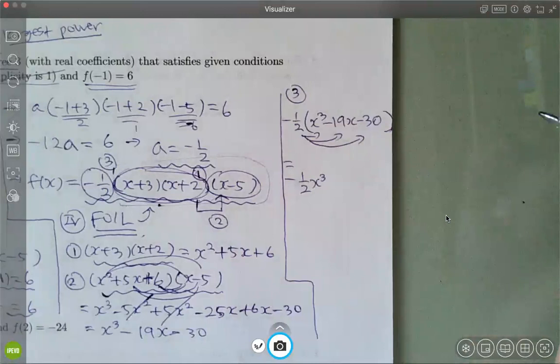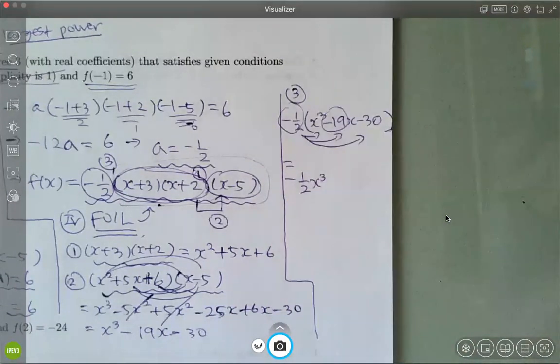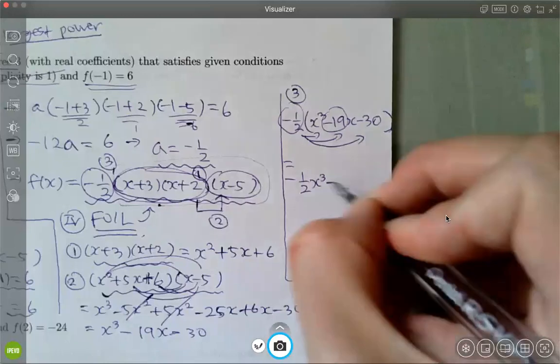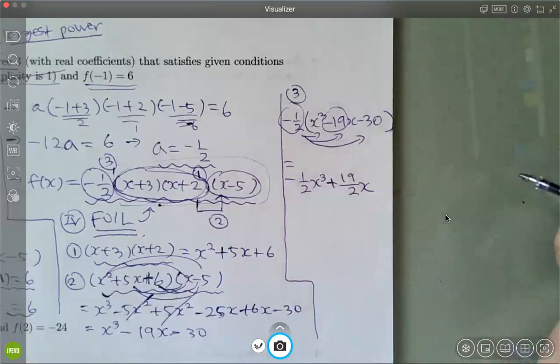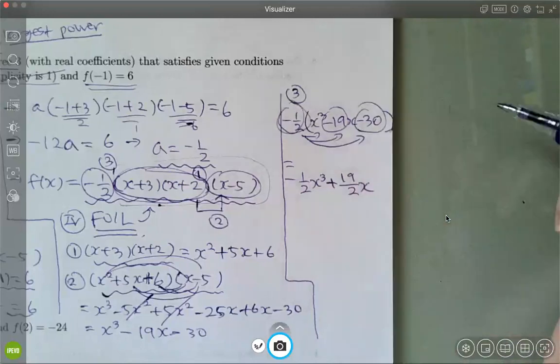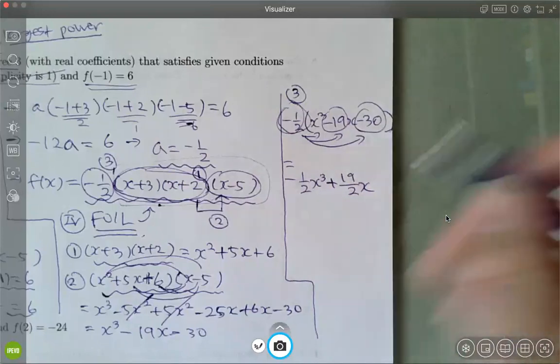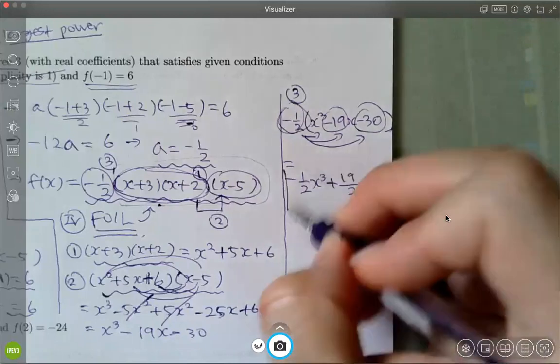And now it's negative 1/2 times negative 19, right? So what does that mean? It's plus 19 over 2 and then x, and then negative 1/2 times negative 30. So what does that mean? It's 30 over 2, right? Which is what? Plus 15. So that is the answer.